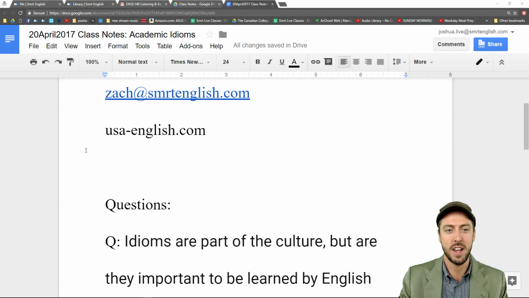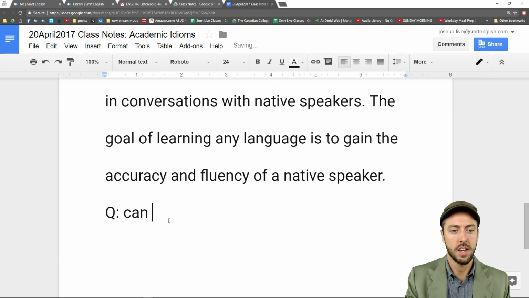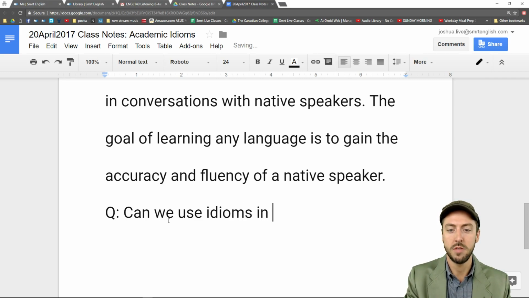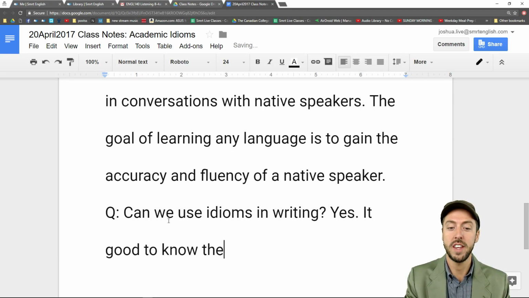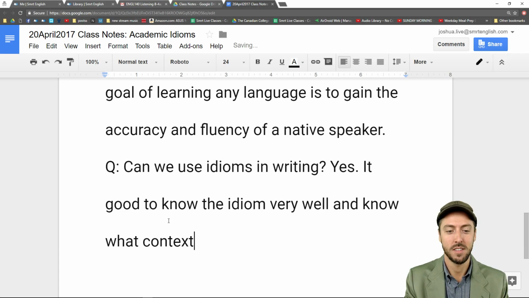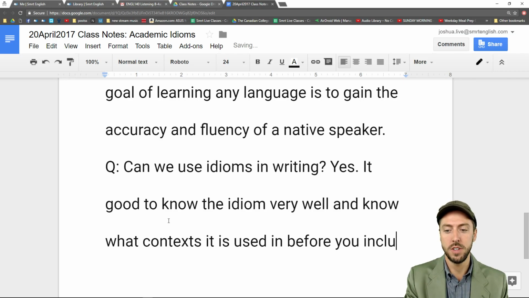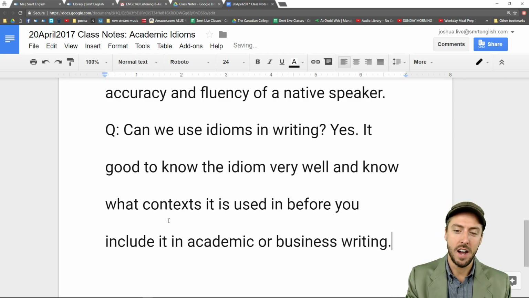Can we use idioms in writing? Yes. Nora asks, can we use idioms in writing? Yes, you can. That's a good question. Can we use idioms in writing? Yes. It is good to know the idiom very well and know what contexts it is used in before you include it in academic or business writing.